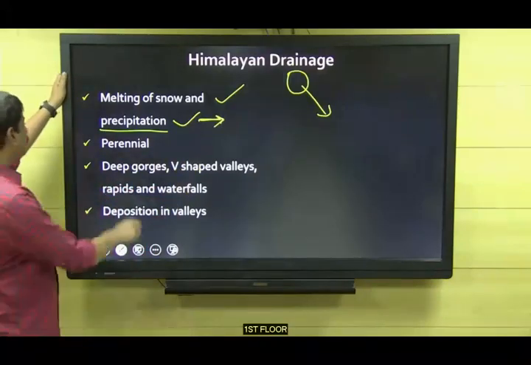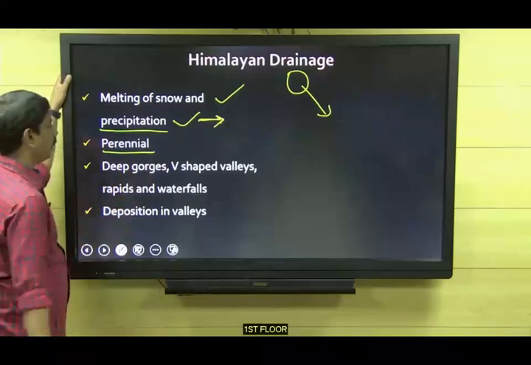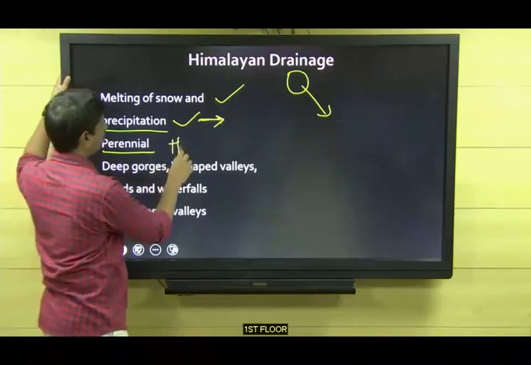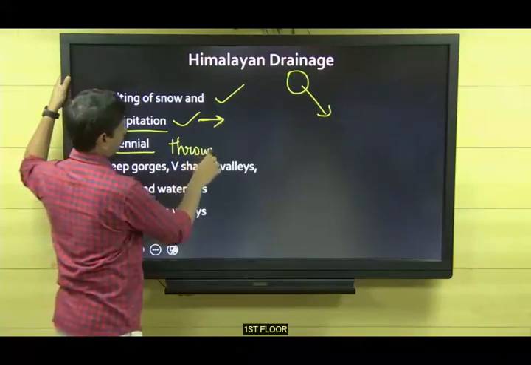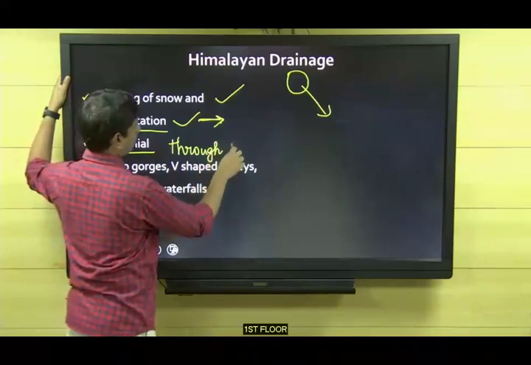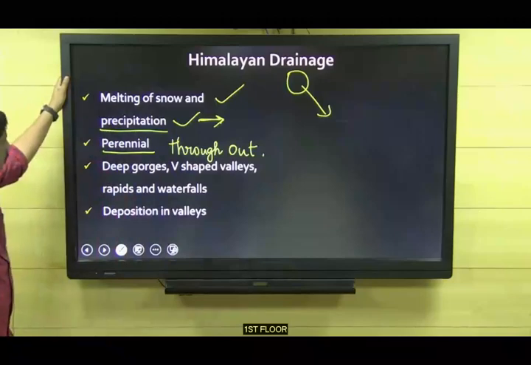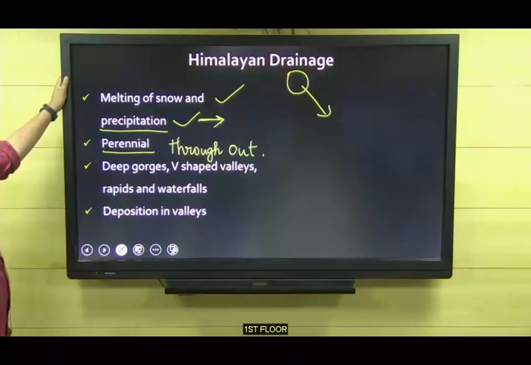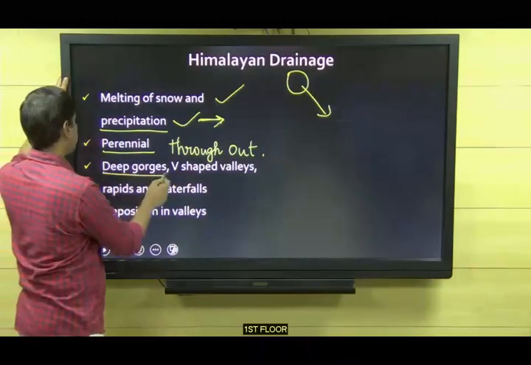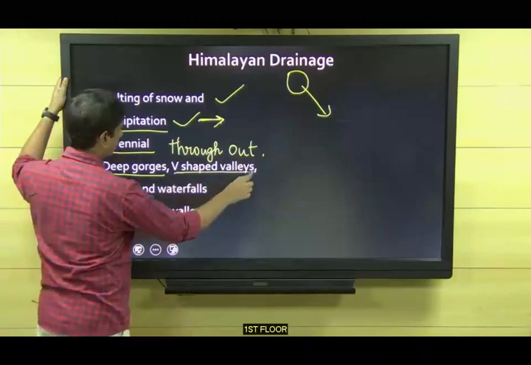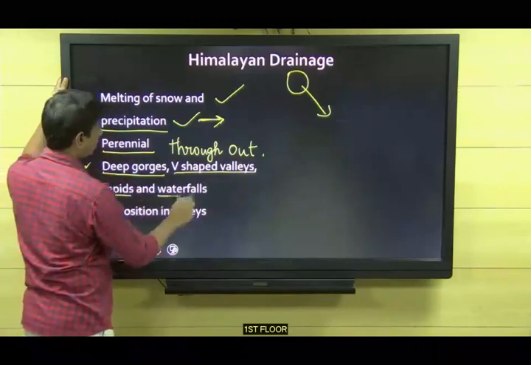Then they are perennial rivers. Perennial means the flow will be maintained throughout the year. They are characterized by deep gorges, V-shaped valleys, rapids and waterfalls.